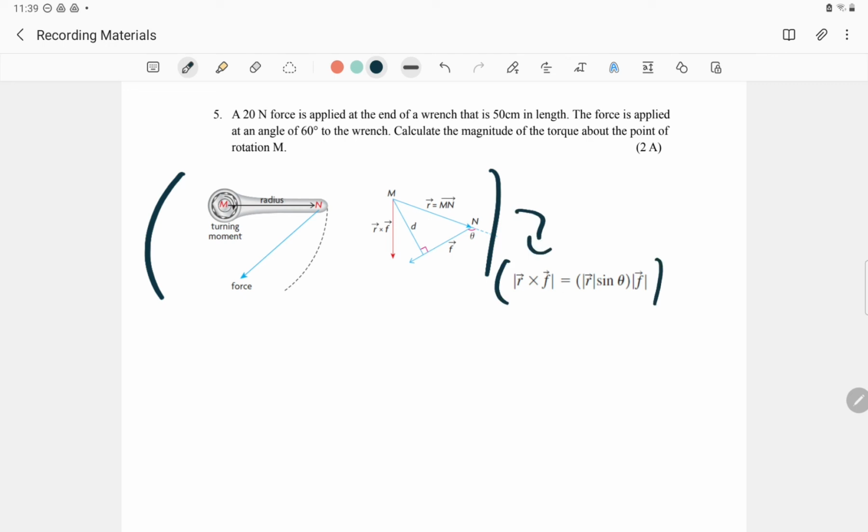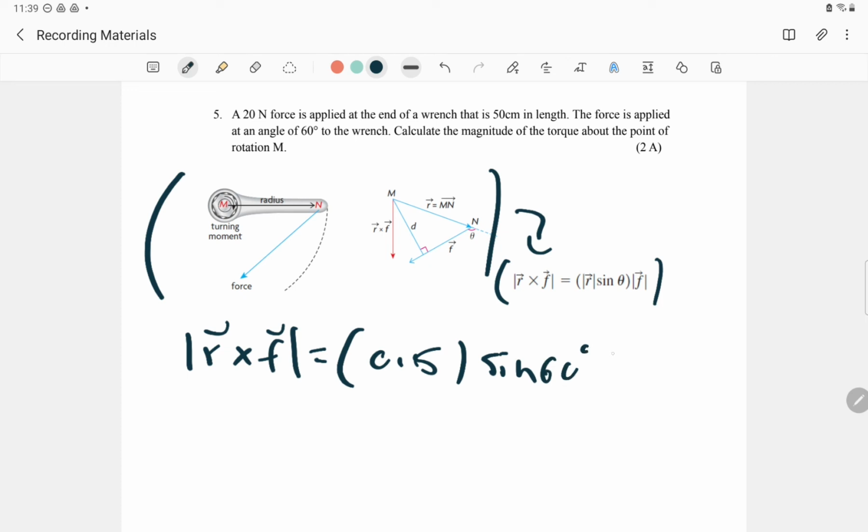So to apply, the magnitude of the torque is the cross product between the vector of radius and the vector of force, and it will be equal to the magnitude of the radius vector, which gives us 0.5, and the sine of the angle between them, which is 60 degrees, and multiply this by the magnitude of force, which is 20.